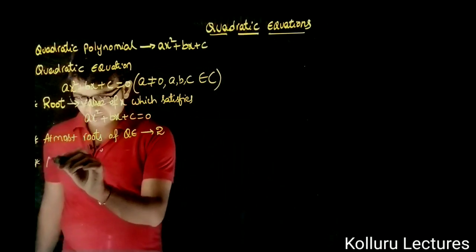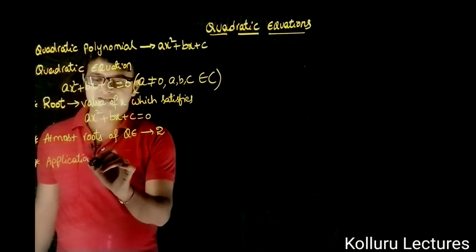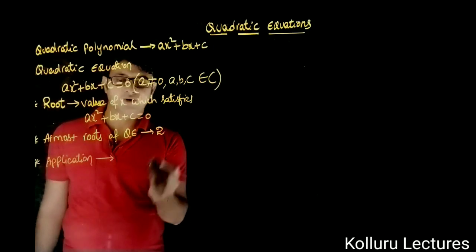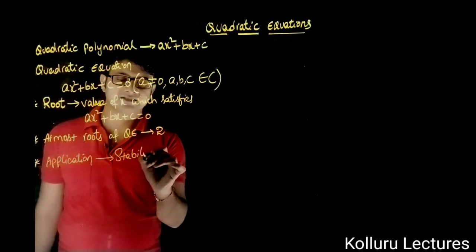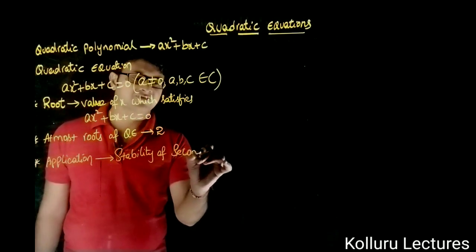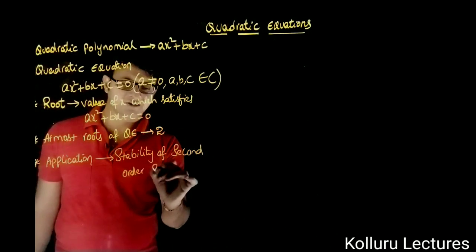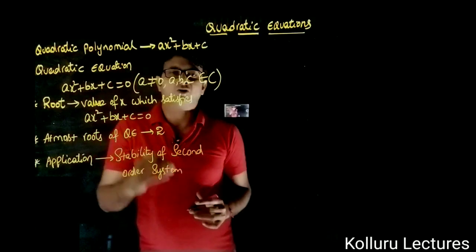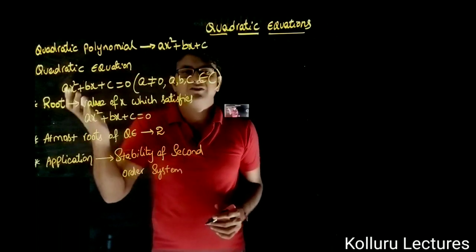The main reason we calculate the value of x is to determine the stability of a second order system. In terms of engineering, we call it a second order system because the degree of the equation is 2.